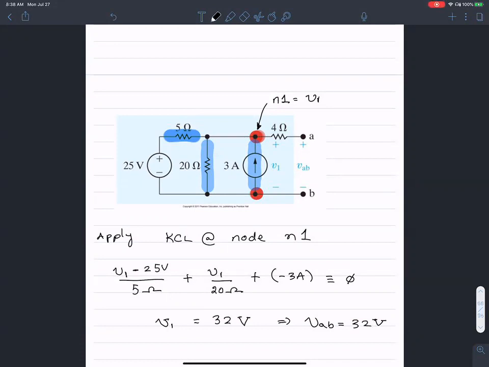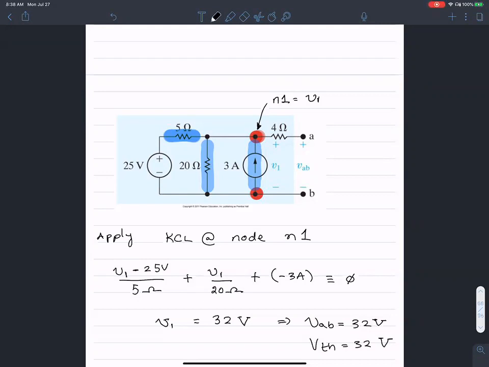VAB is the Thevenin, right? So Thevenin is 32 volts. V1 is what I was after. In order to find V1, I simply applied a very simple technique, KCL, at that node N1.